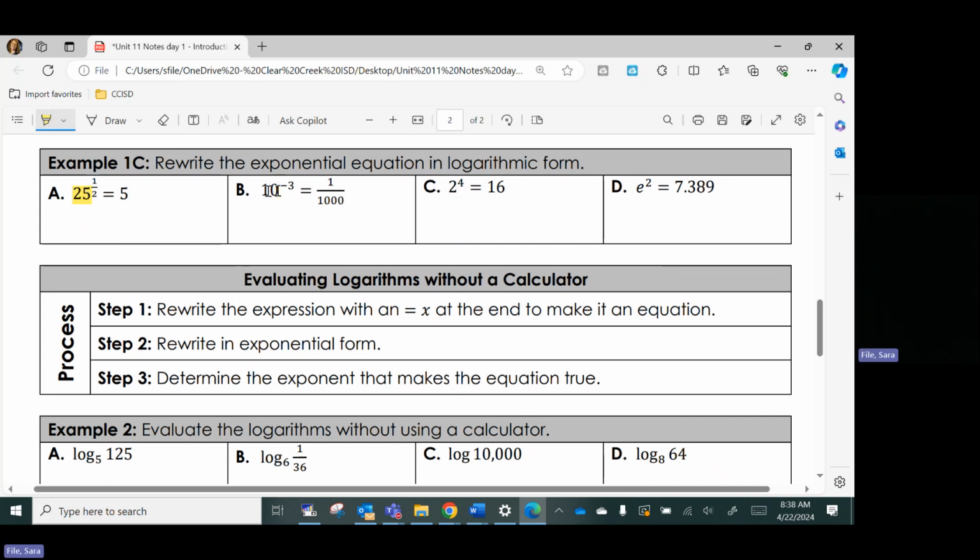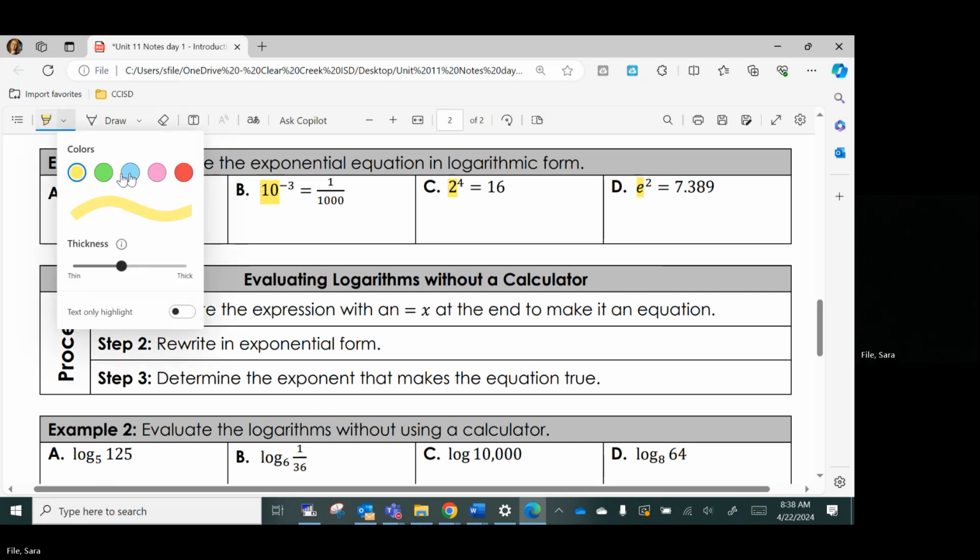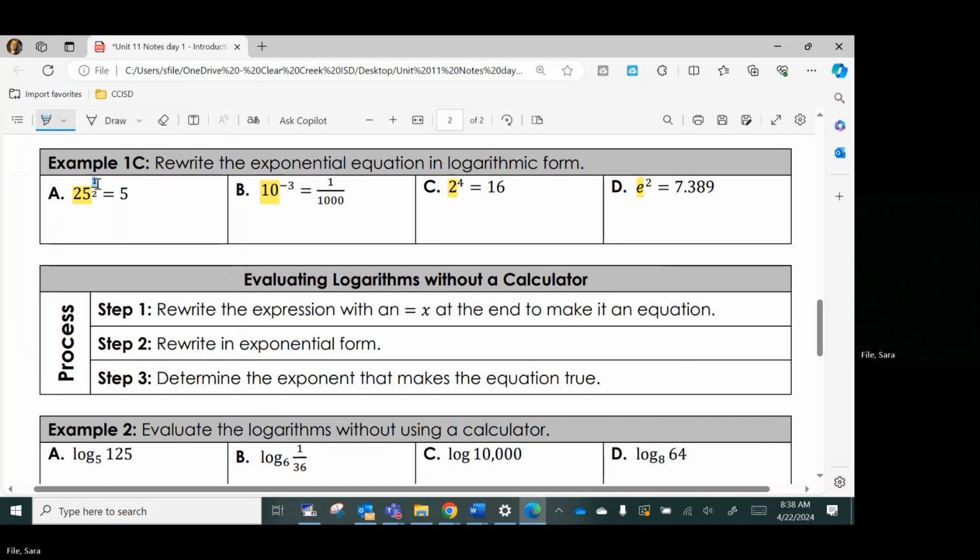I'm going to go ahead while I've got my highlighter colors and highlight on all of these. So I'm going to highlight the base. So those are the bases of the exponentials. These are the exponents. And this is the argument.